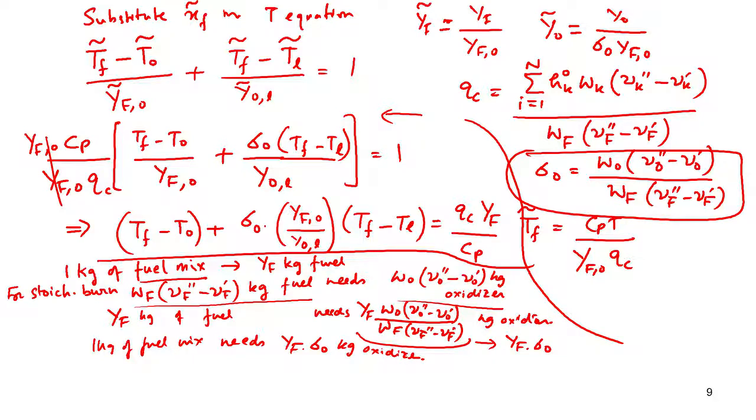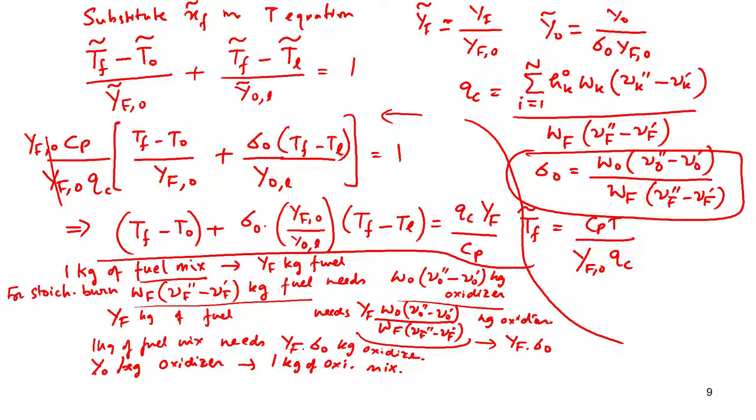Now Y0 kg oxidizer you get in 1 kg of oxidizer mixture, right, because on the right hand side you have basically Y0, the mass fraction of the oxidizer, okay.